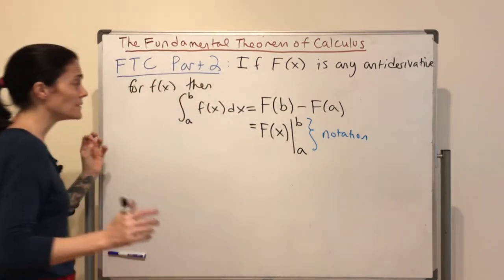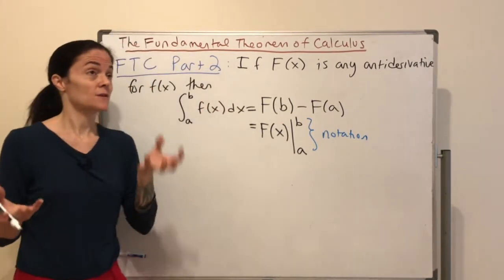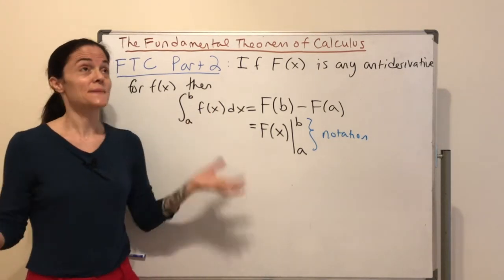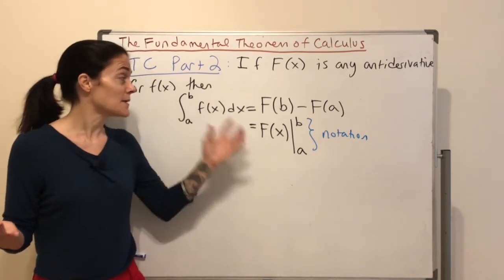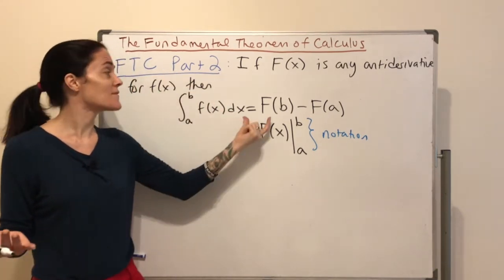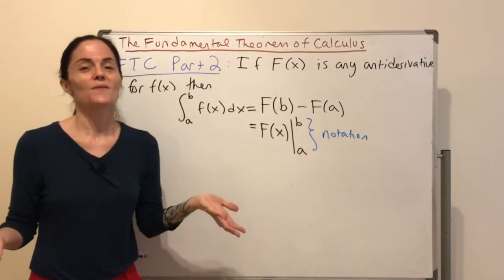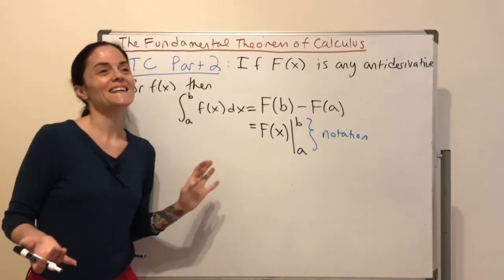And I alluded to this last time when we were using geometry and area to calculate a definite integral. And I mentioned that we would learn a way to calculate them that is no more challenging than finding an antiderivative. And that is this. It's Fundamental Theorem of Calculus, Part 2. And this follows from Part 1.